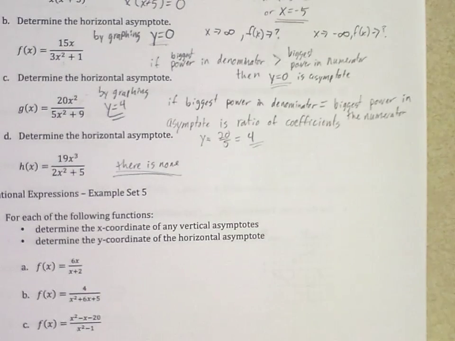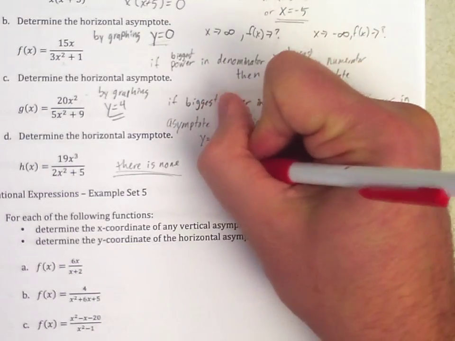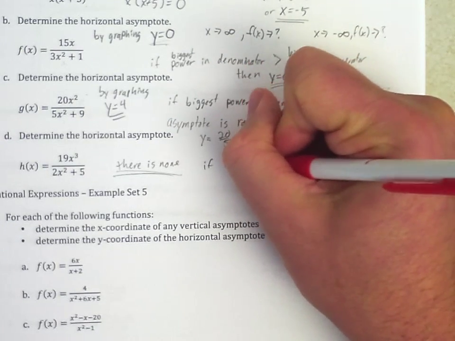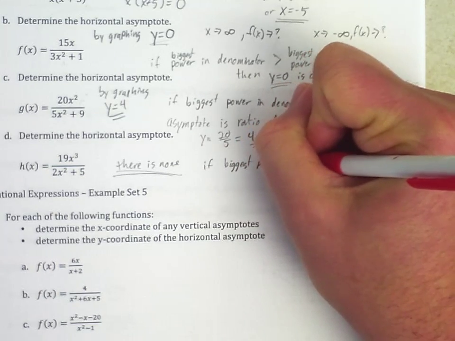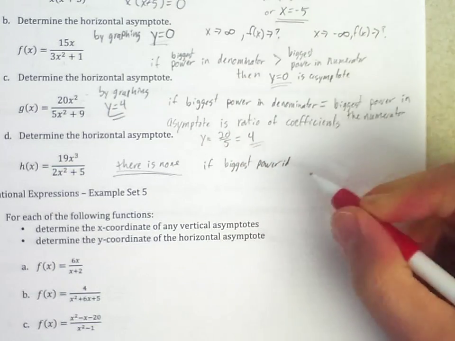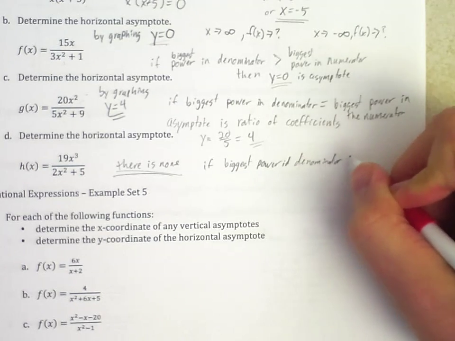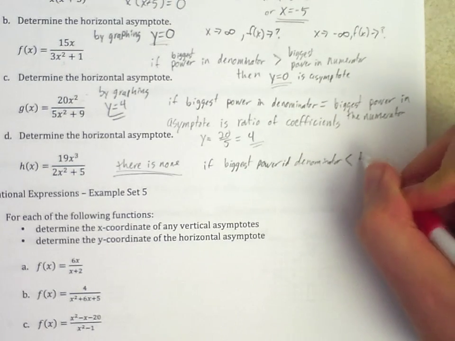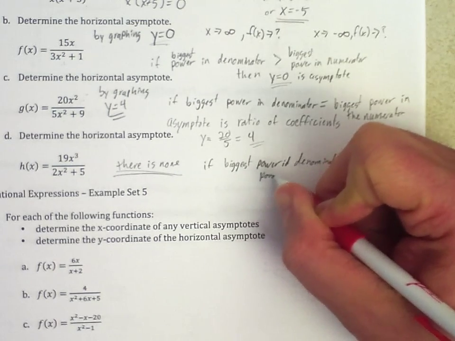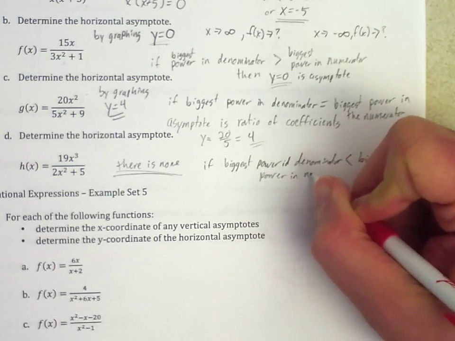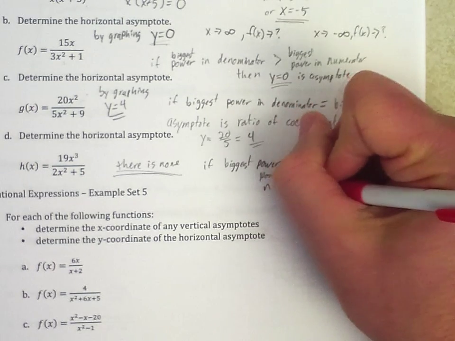So that gives us our third rule, which is if the biggest power in the denominator is less than the biggest power in the numerator, then there's no asymptote.